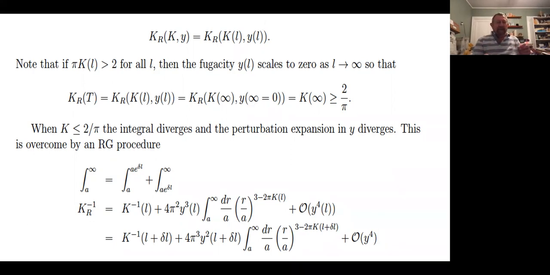I'm sorry, the bracket is in the wrong place, and I didn't notice that till just now.